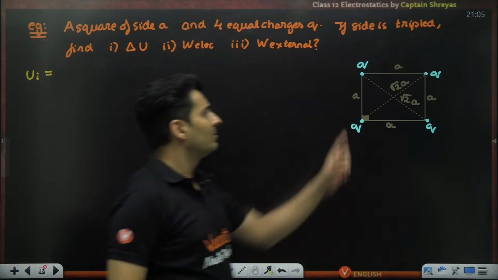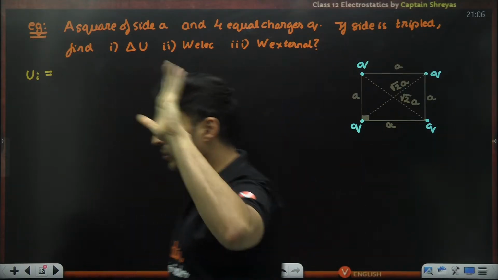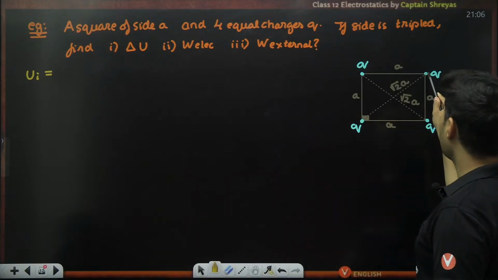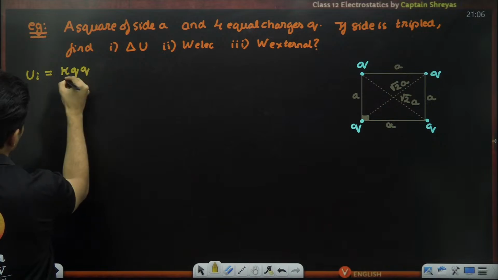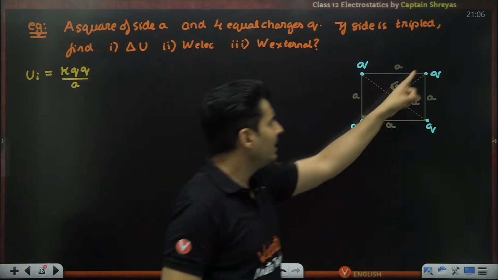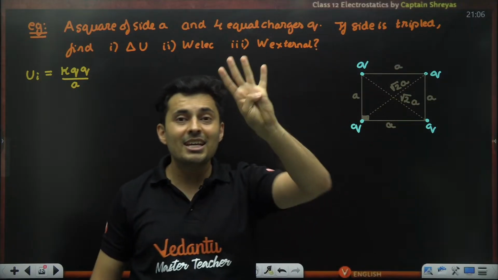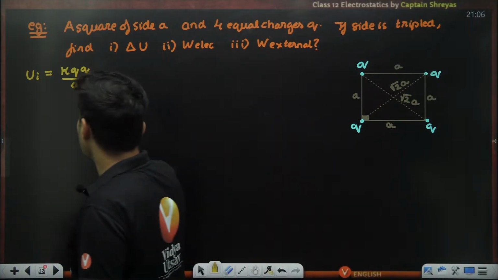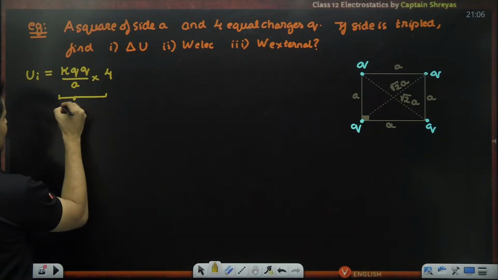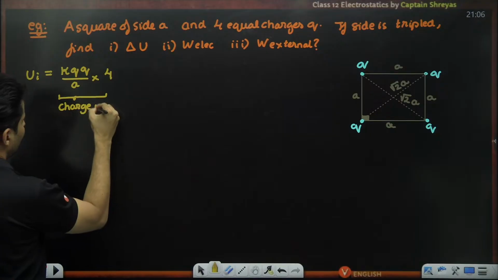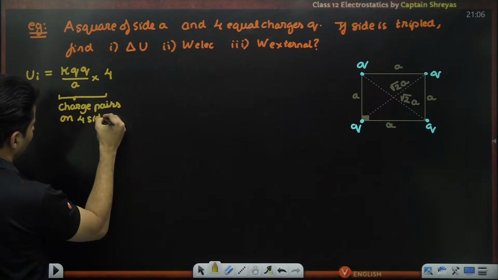There will be how many terms? 4 charges, 4C2 means 6 terms will be there. So calculate it properly. This guy with this guy, how much will be the potential energy? KQQ divided by A. Same thing, this with this, this with this, and this with this. All the 4 terms will be equal, so I will multiply it by 4. These are the charge pairs on the 4 sides of the quadrilateral.